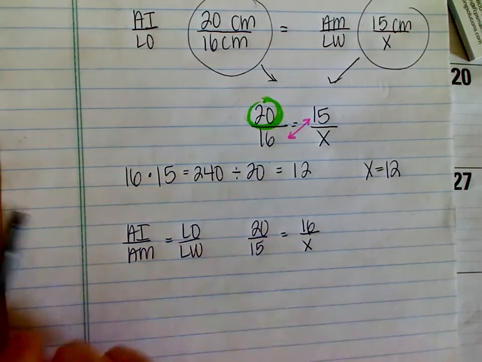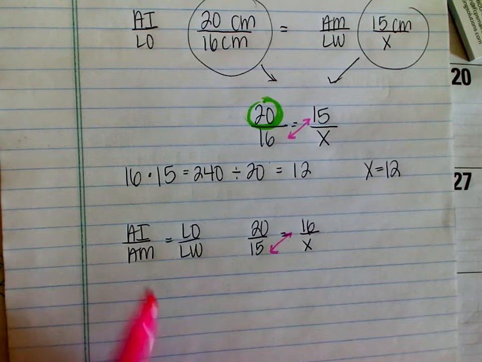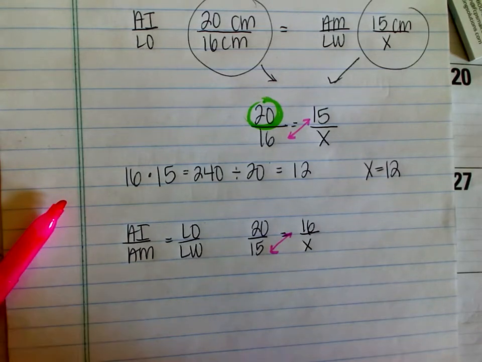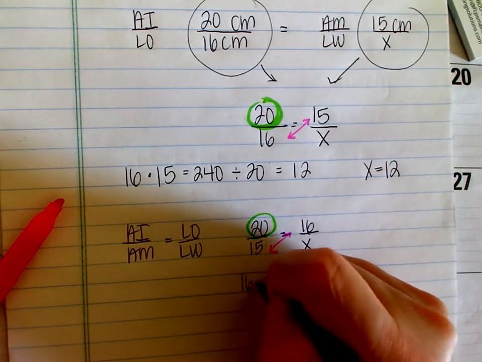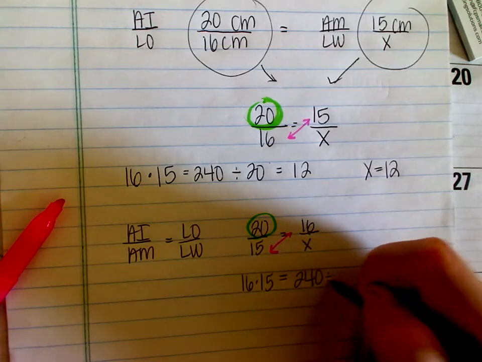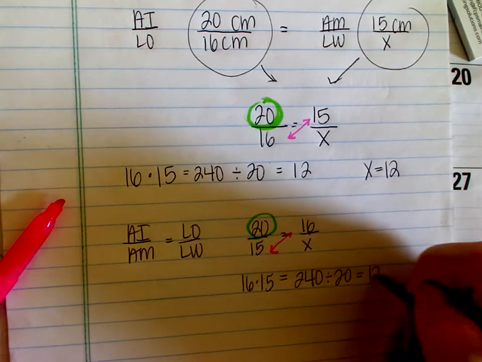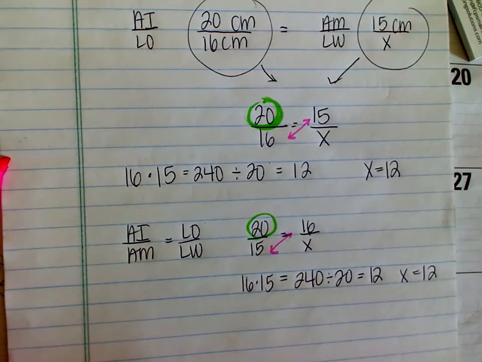Again, you're still going to do the cross multiply. You're still going to divide by the remaining number. And you're still going to get 16 times 15 equals 240 divided by 20 still equals 12. So x continues to be 12.